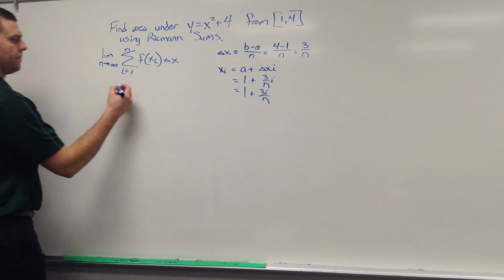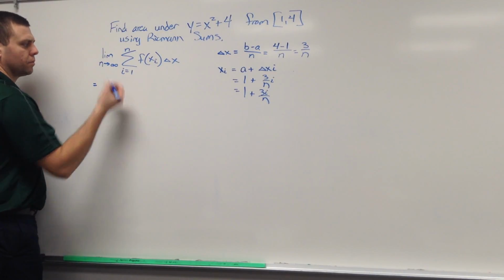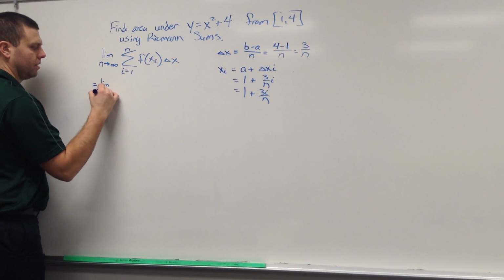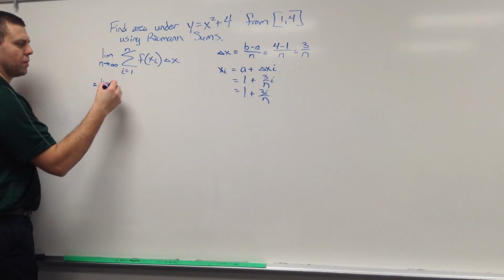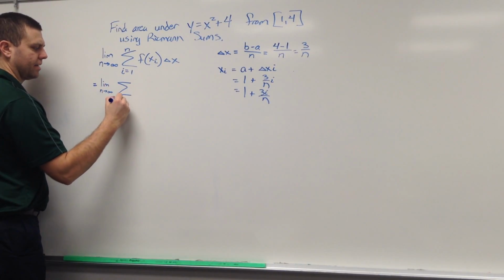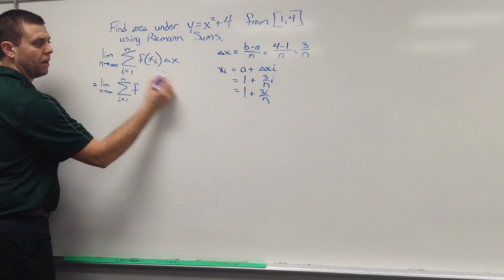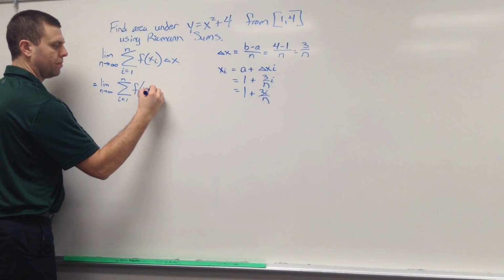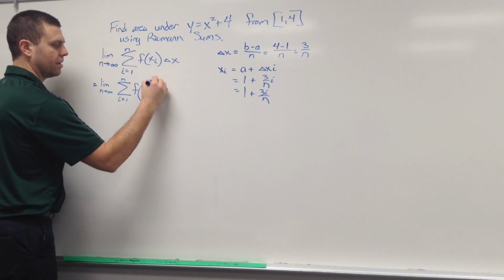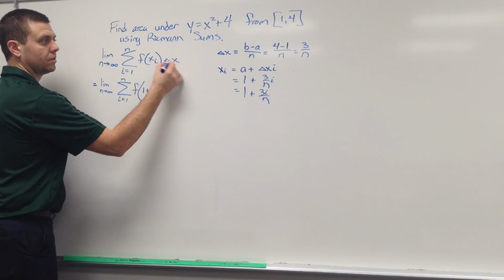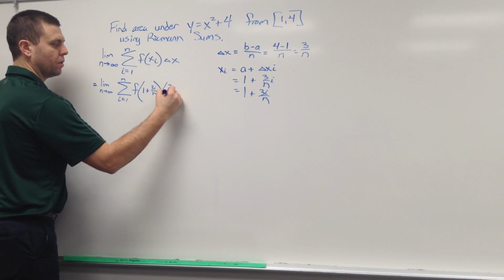Alright? So, equals. I'll write the limit again. But if you just want to concentrate on the sum, that's fine. So this will be f of 1 plus 3i over n times 3 over n.